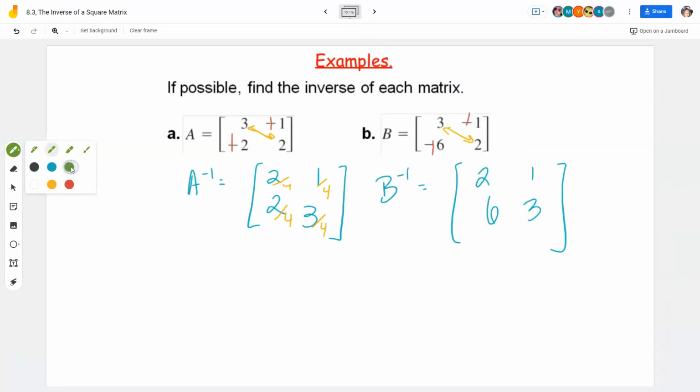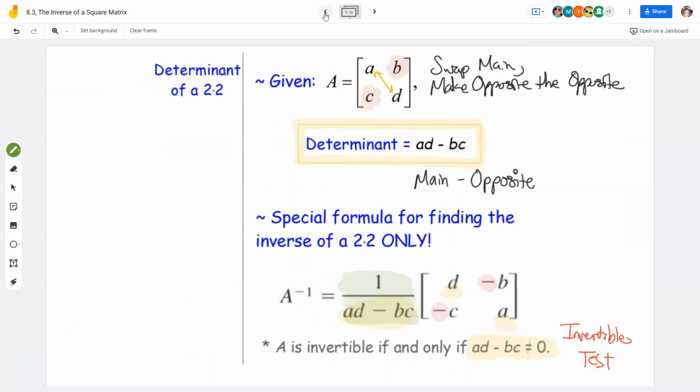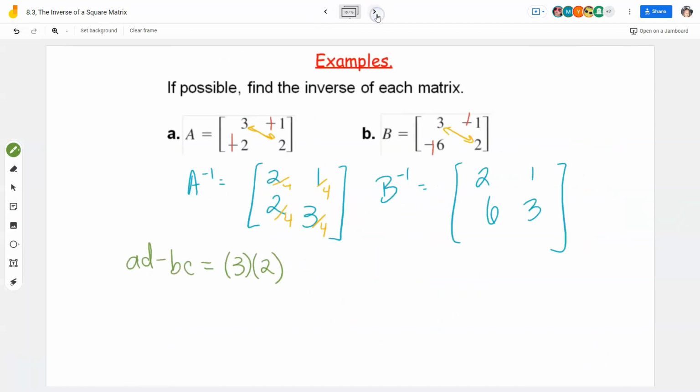And here's where the 1/4 came from. What is AD minus BC for this one? If you were to check and see if it even had an inverse before you went and did work, what is A times D? Well, what is the main diagonal? The main diagonal is 3 and 2. What's the opposite? Remember, I said main minus opposite. -2 and -1.